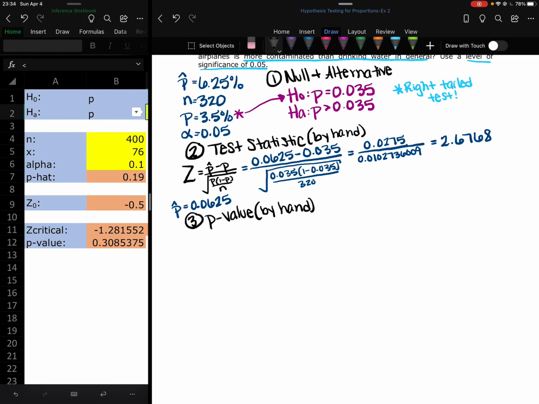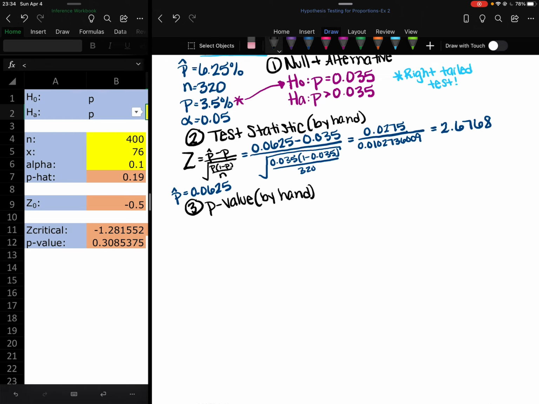The p in p-value stands for probability. So we have our z-score. If it's helpful for you to continue drawing the curves and doing the shading, please do so. If you do not feel you need to continue drawing the curves and you can go from the z-score straight into Excel, you can also do that.